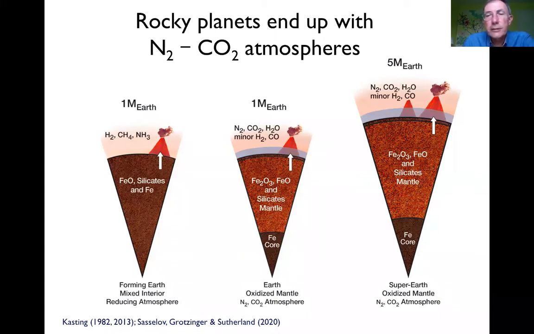And it seems so far that this is the case, but as I will mention at the very end, this is one of the actual situations which is funny. All textbooks that I've seen would tell you that rocky planets end up with mildly reducing nitrogen-dominated CO2 atmospheres.